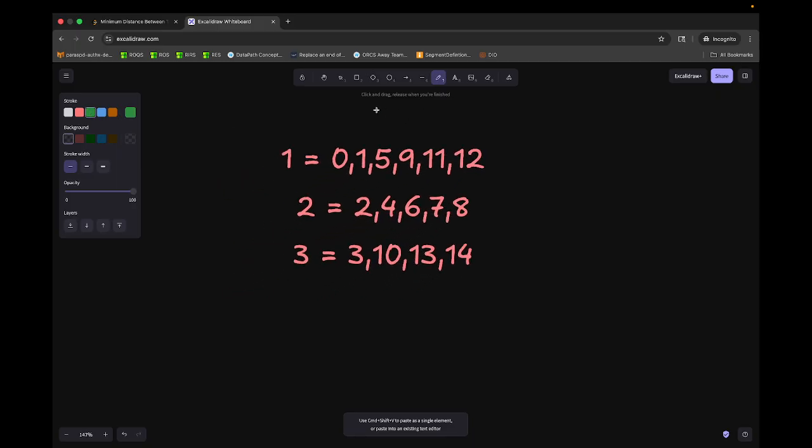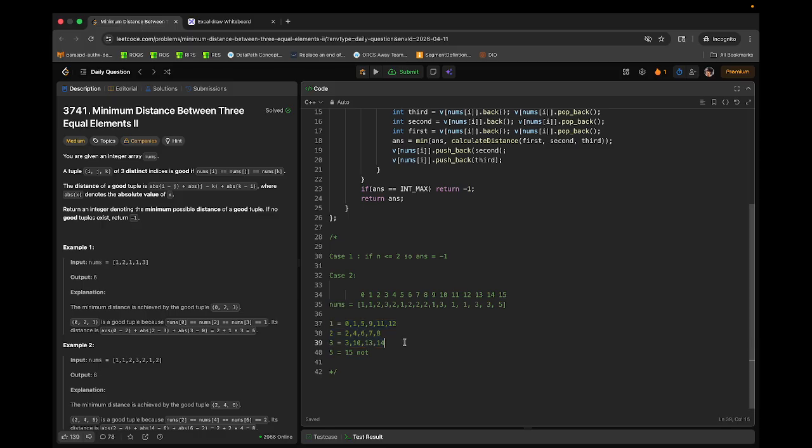One point to note is that we are sorting the indexes by their occurrence. We store indexes in ascending order. This is important because then our condition quite literally becomes j minus i plus k minus j plus k minus i.